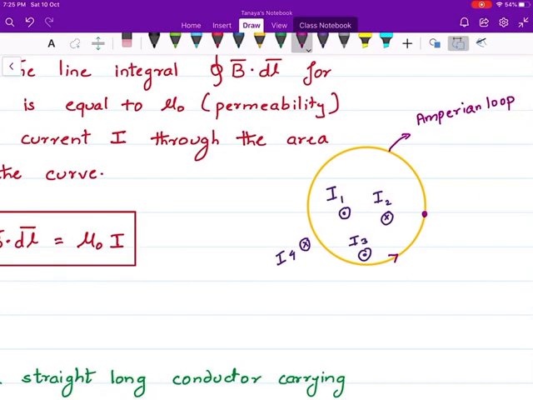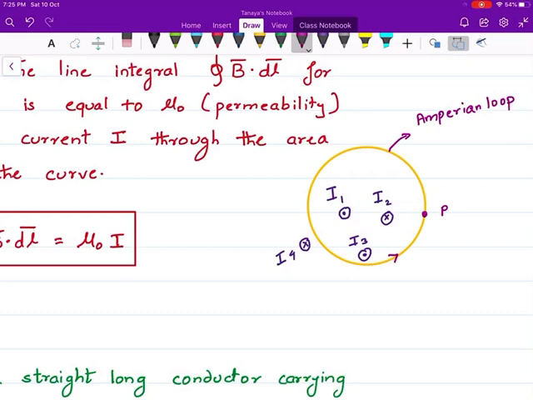At this particular point P, what is the direction of B? B is different because of I1, I2 and I3. If I consider I1, the direction of B is going to be different. So I'll just write that the net field at point P is B.